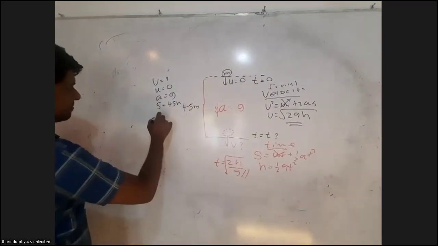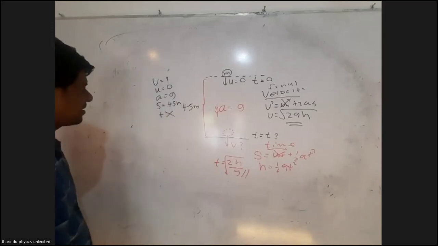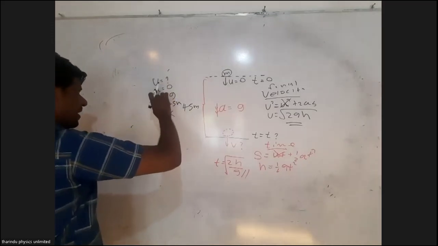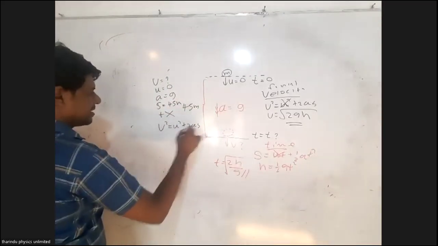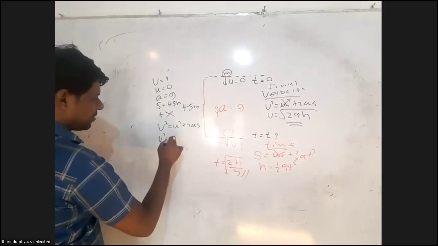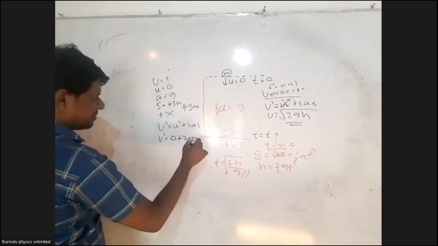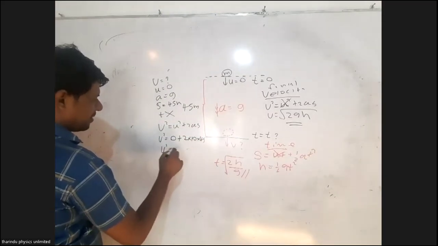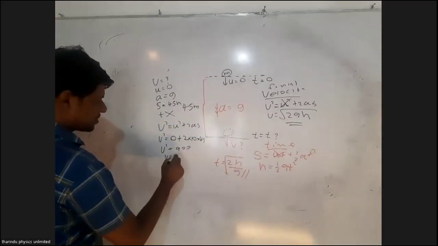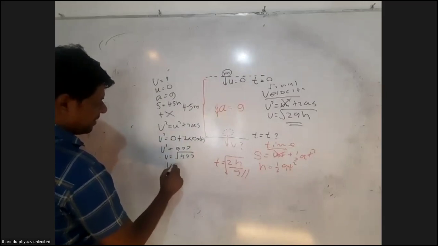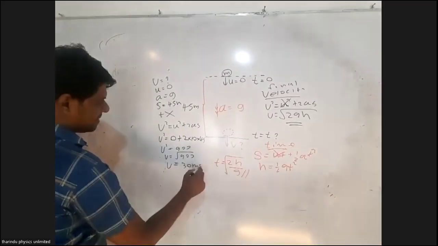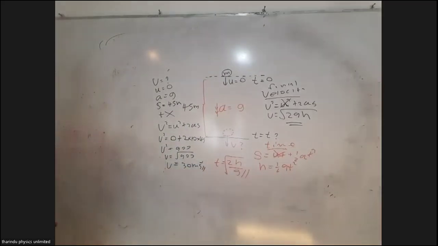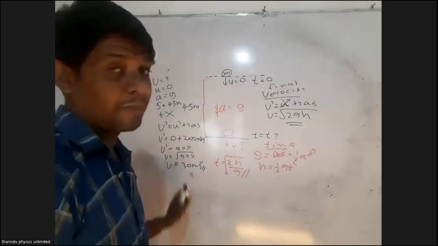Time is not asked, so I don't worry about it. My variables are v, u, a, and s. So v squared equals 0 plus 2 times 10 times 45. v squared equals 900. v equals the square root of 900, which is 30 m/s. Very simple. Copy this.